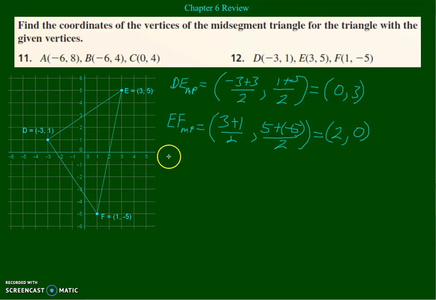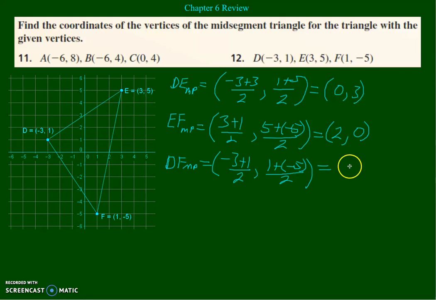And then the last one, the DF midpoint, is the average of the x's, -3 plus 1 over 2, and 1 plus -5 over 2.